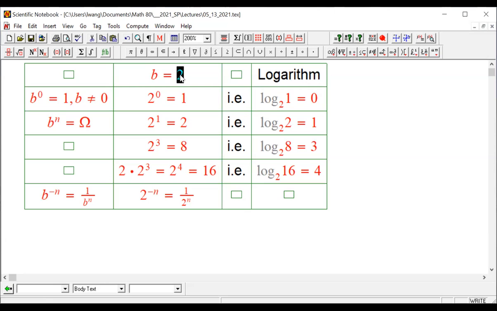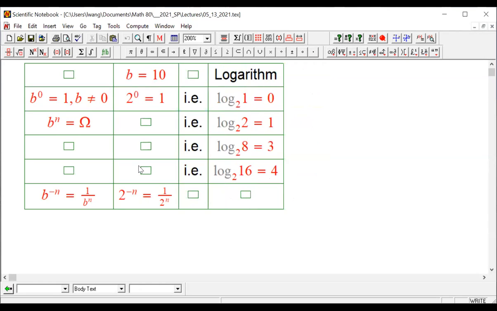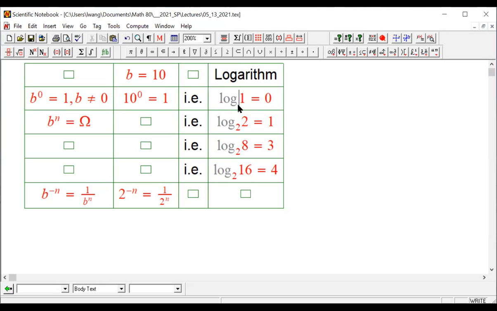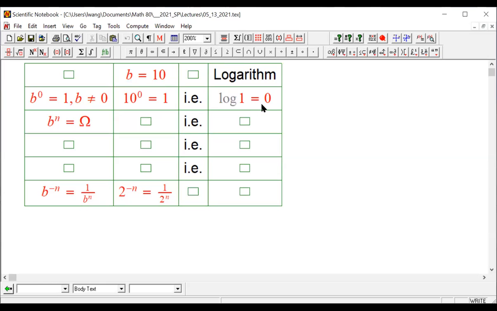And this time, I want to change base 2 to 10. Okay? 2 to 10. So this is 10. And log 1 equals 0, right? This is called the common log.